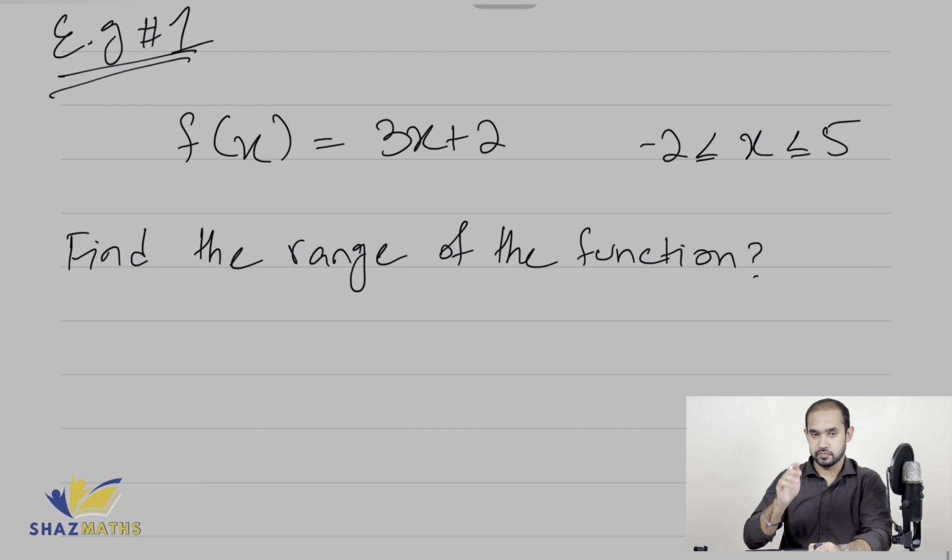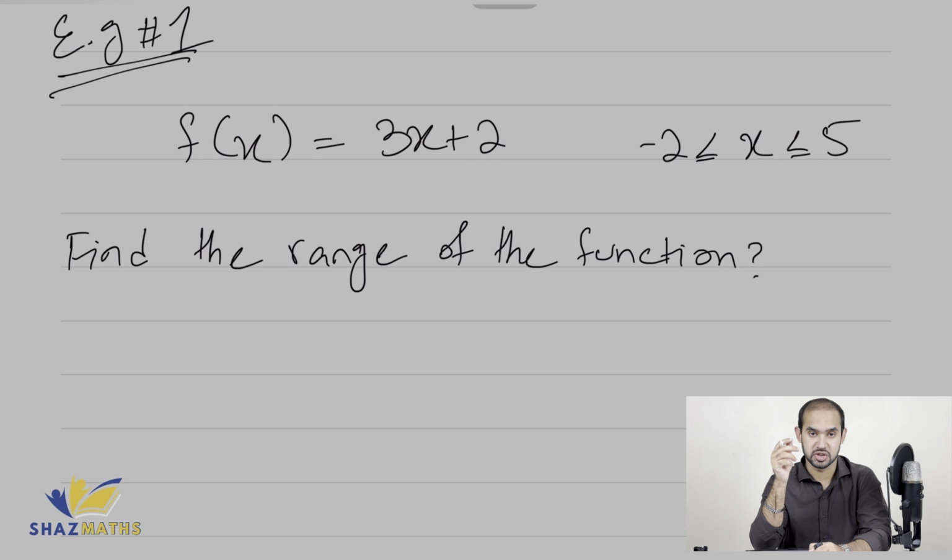Now again, recall those two concepts that we have studied. In order to find the range of the function, there were only two things, and I will always be using these two concepts to find the range of any function. It doesn't matter if I'm doing a piecewise function, a trigonometric function, an algebraic function, or an exponential function, whatsoever it is.